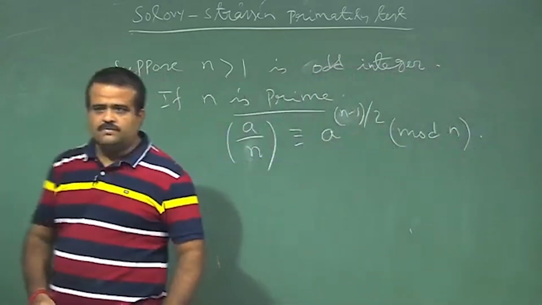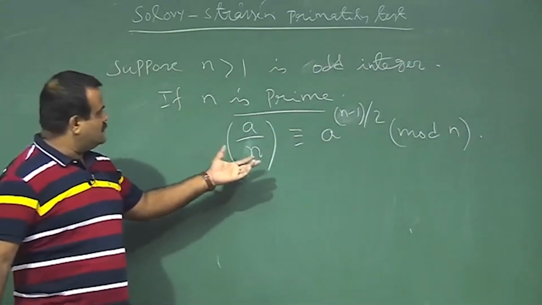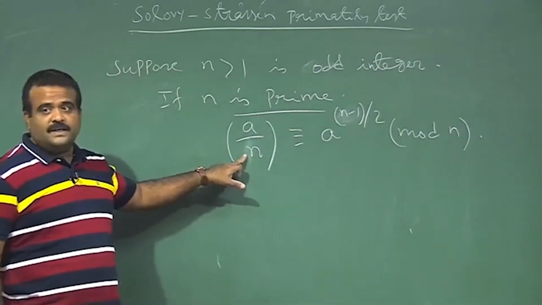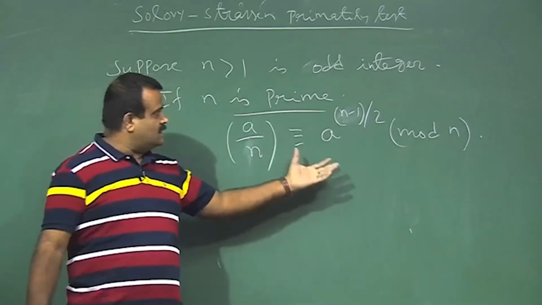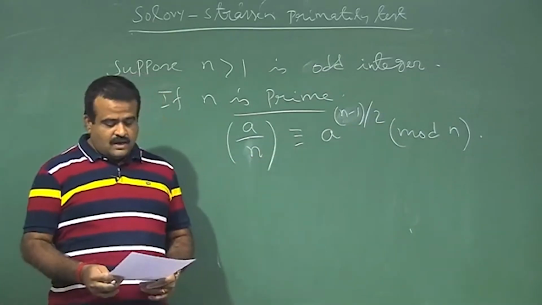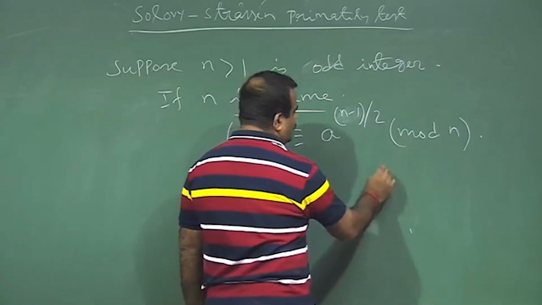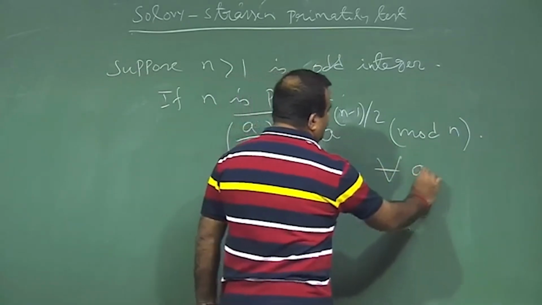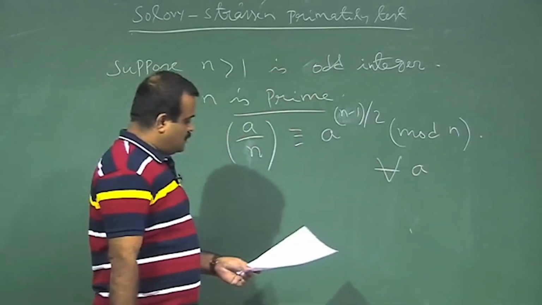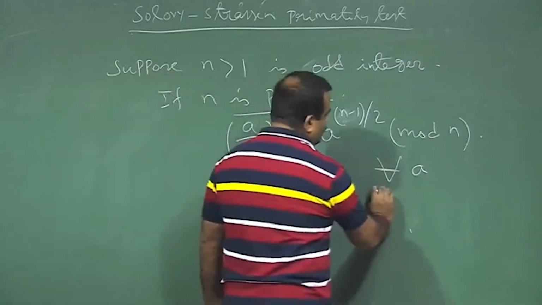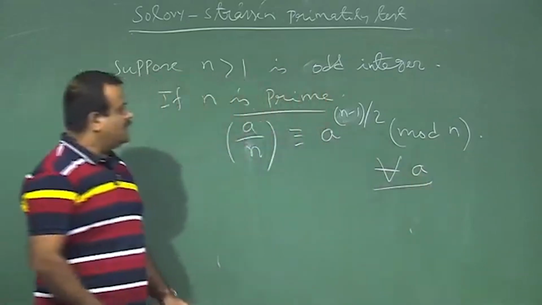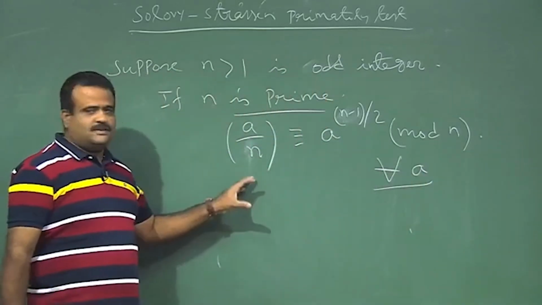So, this theorem we have seen. This is the Legendre symbol because n is prime. If n is prime, we have seen this result. This is by Euler's criterion, and this is true for all integers a. Okay.